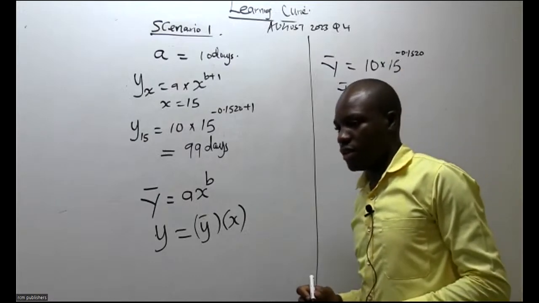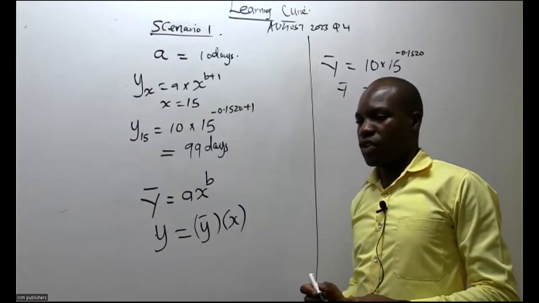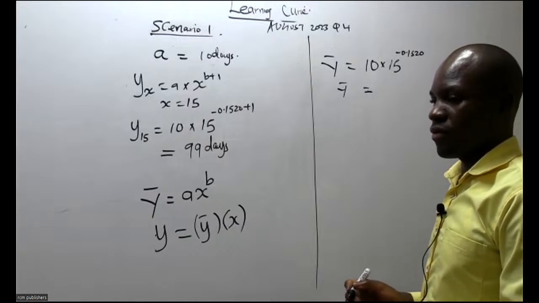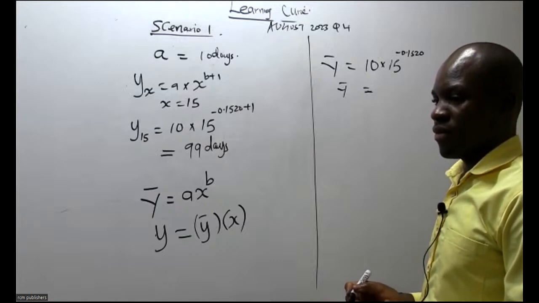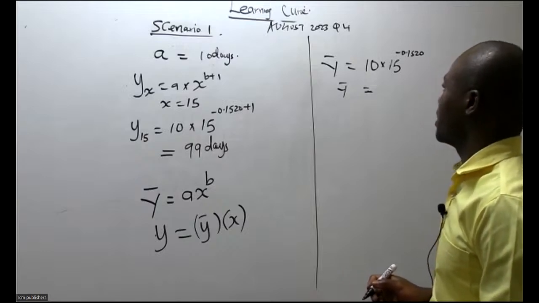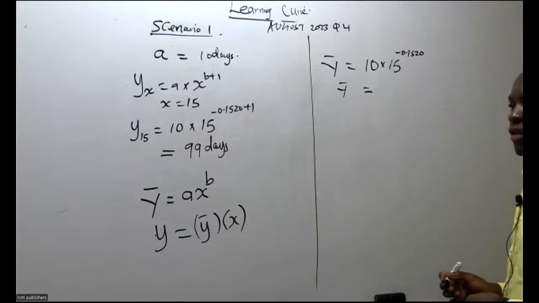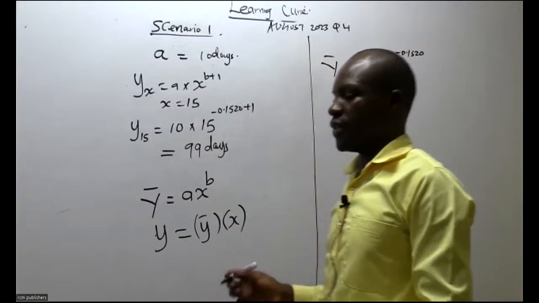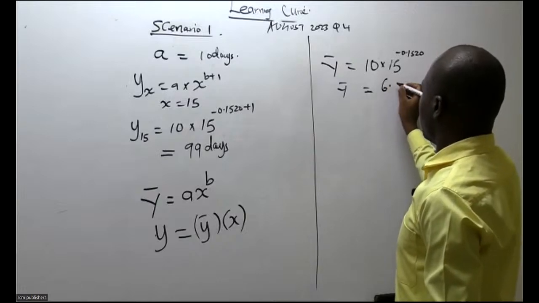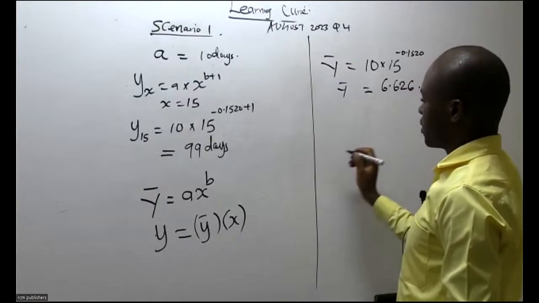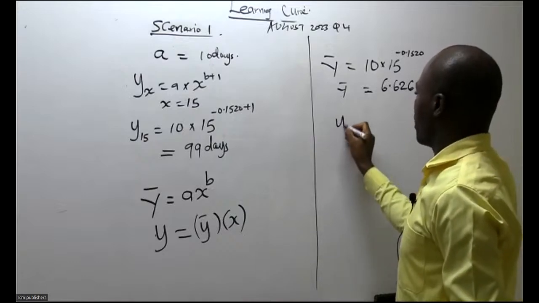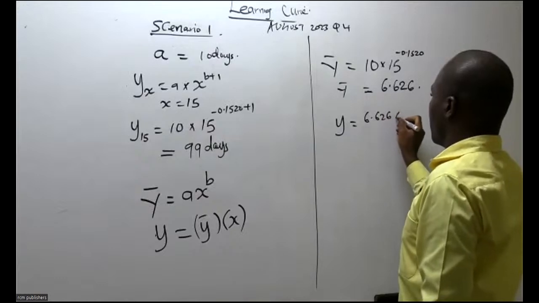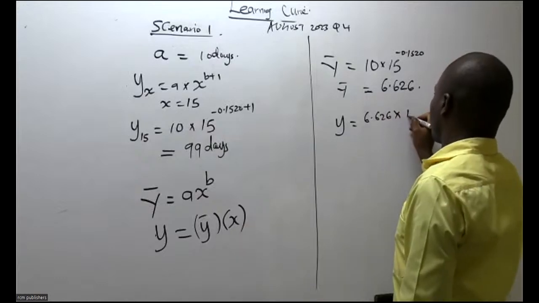Time is not on our side. 6.626. Give us the value of y, which is equivalent to the average 6.626 multiplied by x, which is 15.